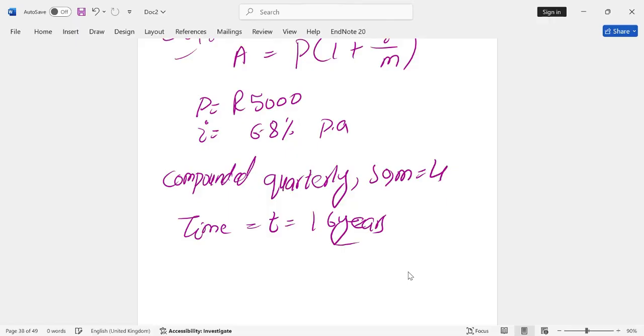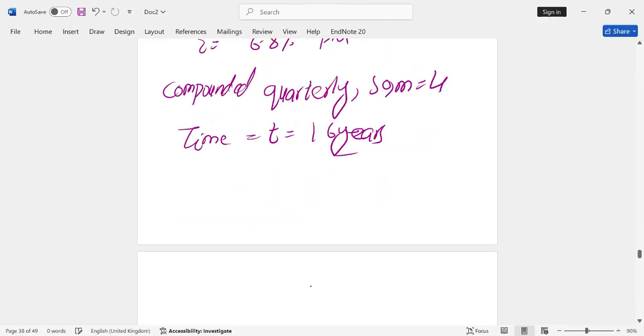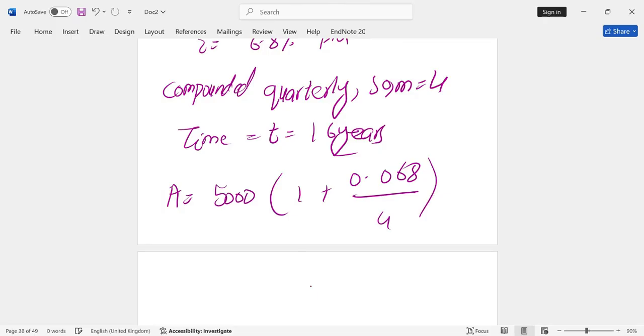Now we substitute all the values into the equation: A equals 5,000 into (1 plus 0.068 divided by 4) to the power of 4 multiplied by 16.